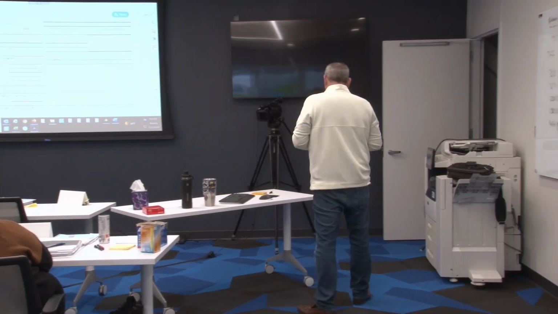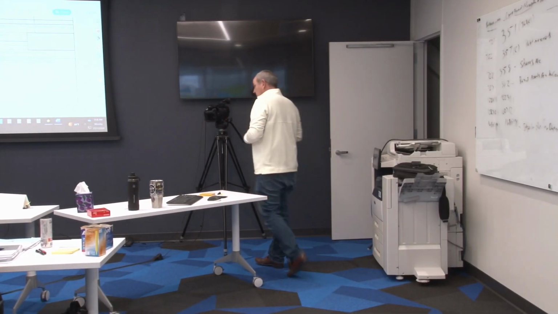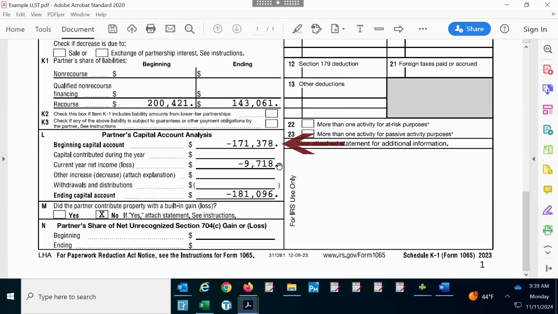So what Brad asked on this particular K1 was, well, wait a minute. There's a $171,000 loss at the beginning, a $200,000 beginning contribution. There's a $181,000 loss at the end, but there was a distribution of $57,000 under 752B.